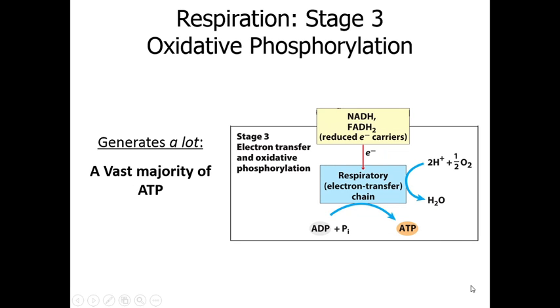Stage 3 of respiration is called oxidative phosphorylation. In this stage, the electron carriers that are generated in stage 2 enter the mitochondria and lead to the production of ATP. This is the stage where a vast majority of ATP is generated.